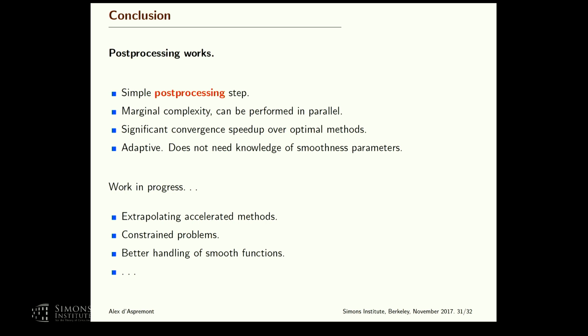Maybe I should be using this information if I have it, or if I have estimates of the strong convexity constant mu and L. But because the regularization I'm doing here is very naive, I'm not accounting for this additional structure of the problem, and that should probably improve things a little bit. But we need some different kind of regularization, and so there's still a lot of stuff to do.